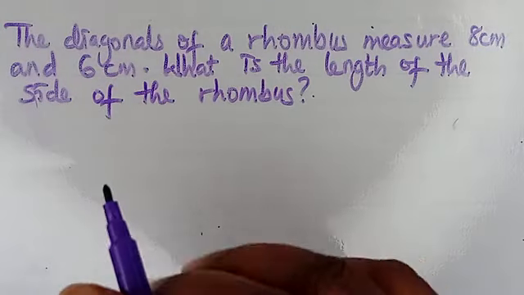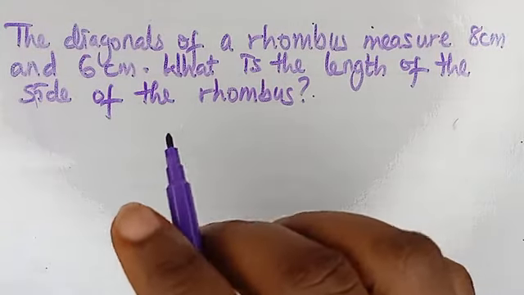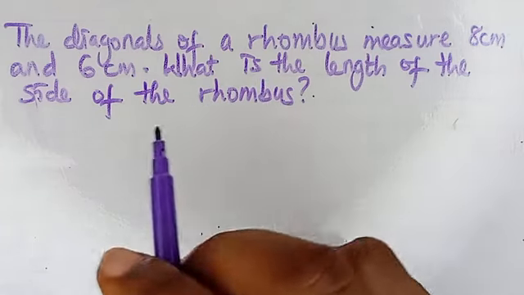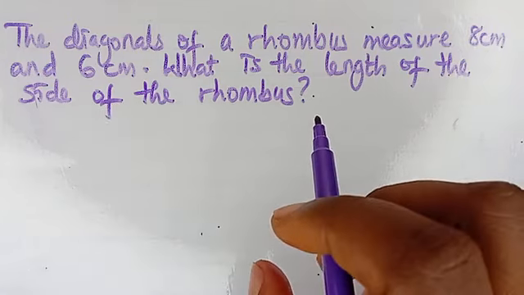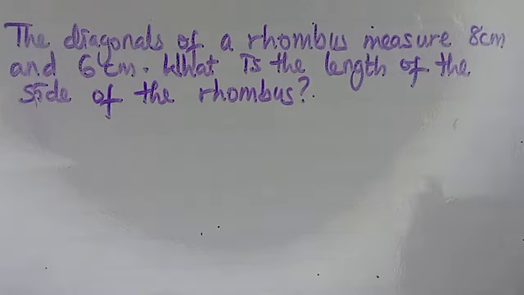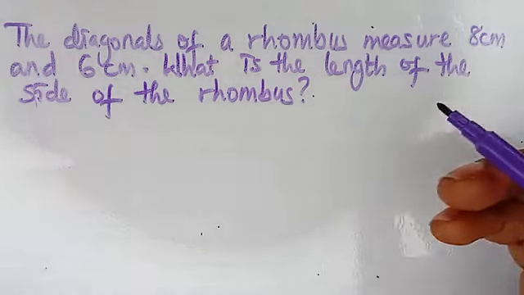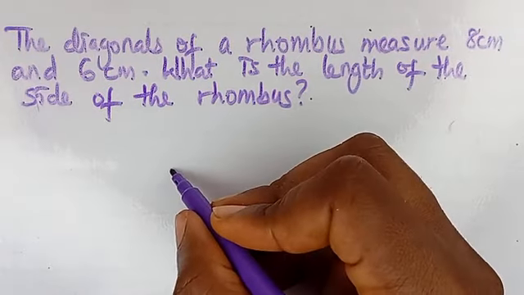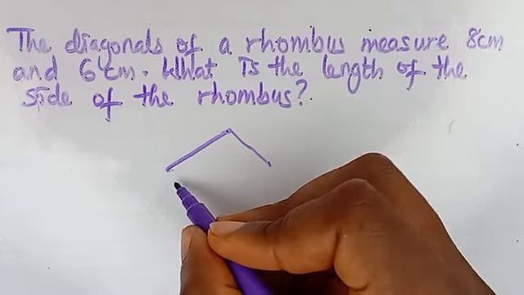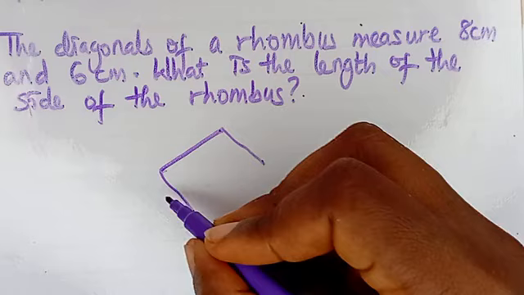Now, let's have a little bit different question. The diagonals of a rhombus measure 8 cm and 6 cm. What is the length of the side of the rhombus? Now, remember that a rhombus is a four-sided figure, that is a quadrilateral that has all the four sides equal.